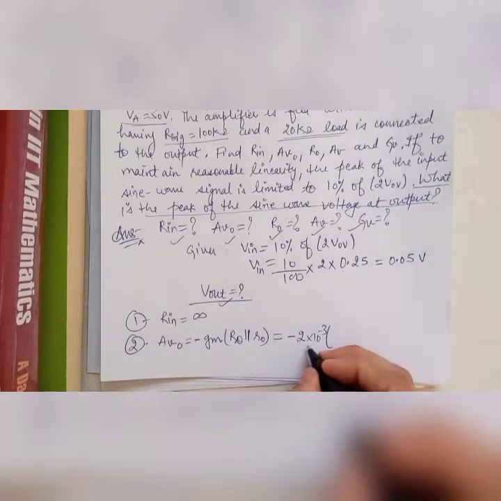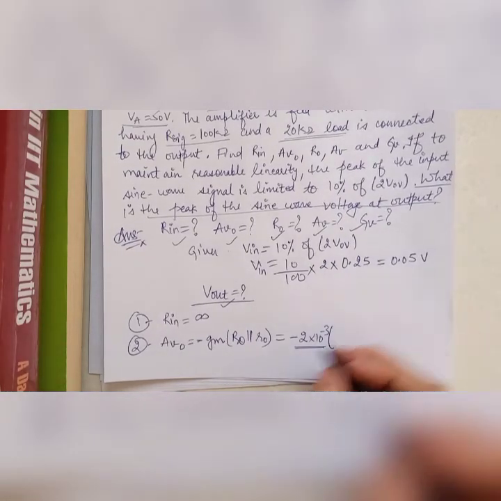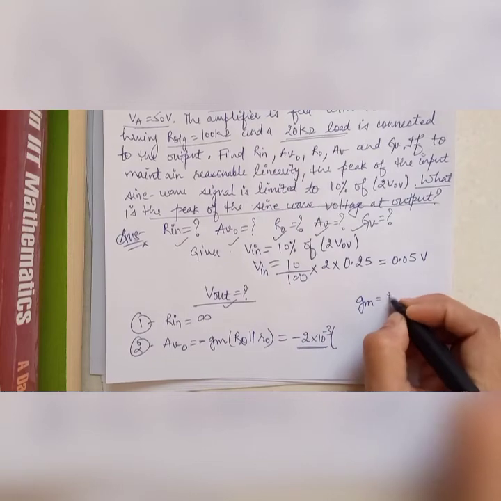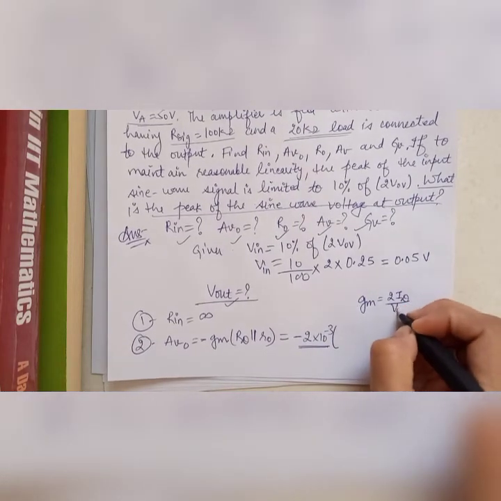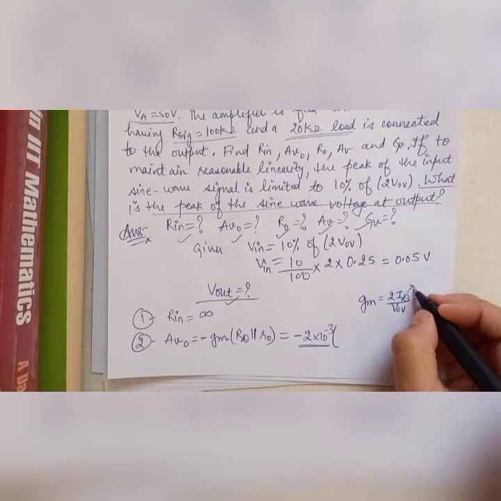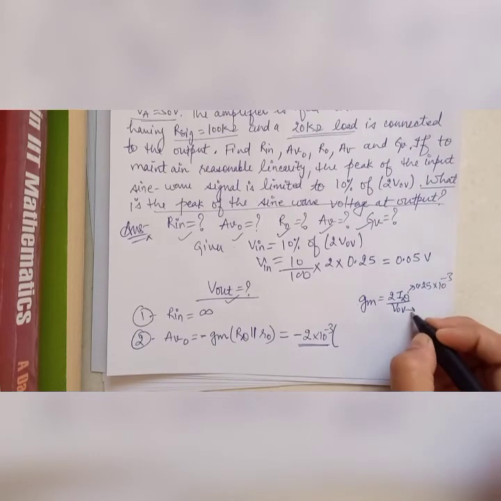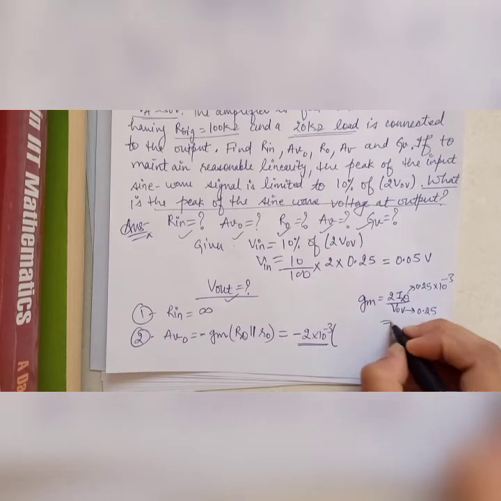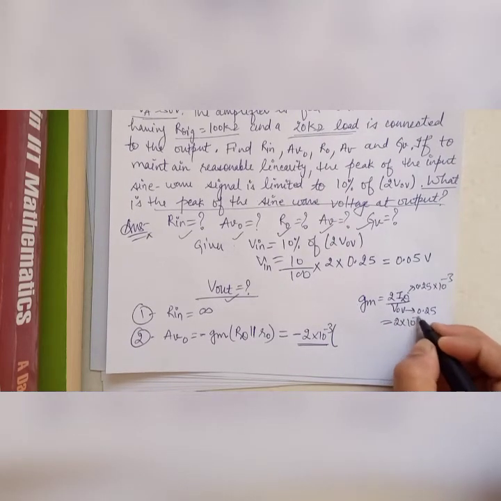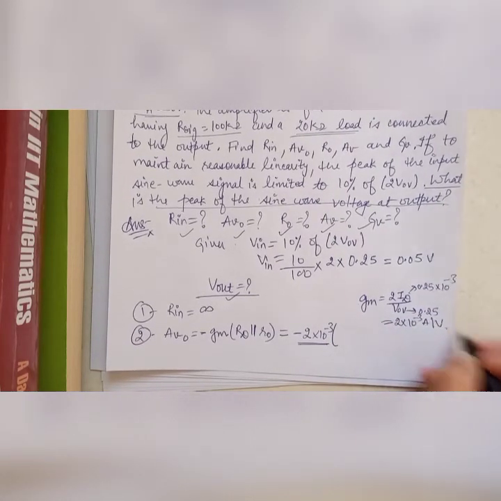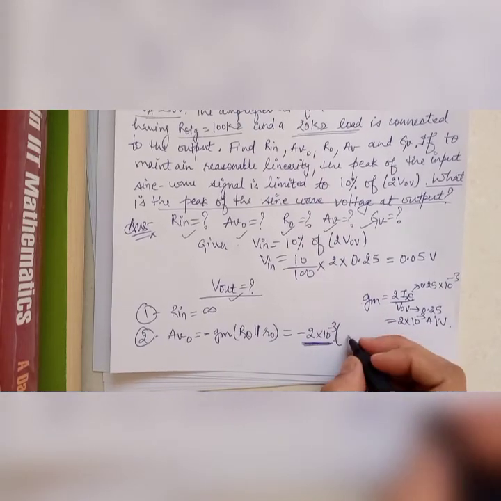Now this is GM. How did we get GM? GM is 2 ID upon VOV. Substitute the value. ID is 0.25 milliamps, VOV is 0.25. When you solve, you will get 2 into 10 to the power minus 3 ampere per volt.